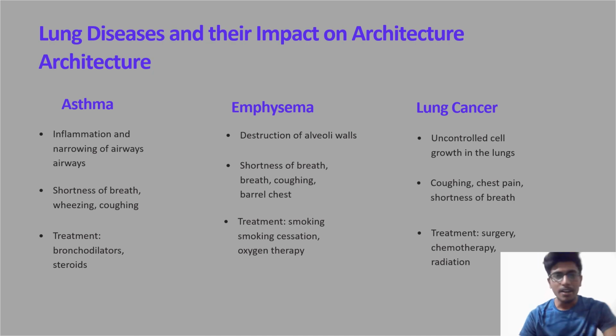Emphysema: destruction of alveoli walls, shortness of breath, coughing, barrel chest. Treatment: quitting smoking, oxygen therapy. Lung cancer: uncontrolled cell growth in the lungs, coughing, chest pain, shortness of breath. Treatment: surgery, chemotherapy, radiation.